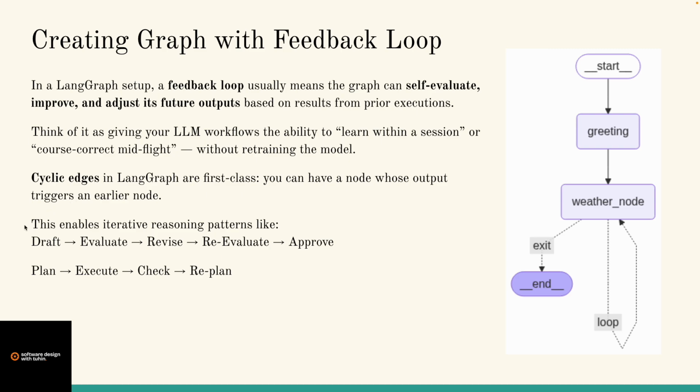So you can simply think of it like you draft, evaluate, revise. Revise again, it comes back and reevaluates, again it comes back through this particular loop, and approve. So for demo purposes we'll build a weather feedback loop, and we'll create a very interesting demo for the demonstration of the LangGraph feedback loop. So let's see it in demo.